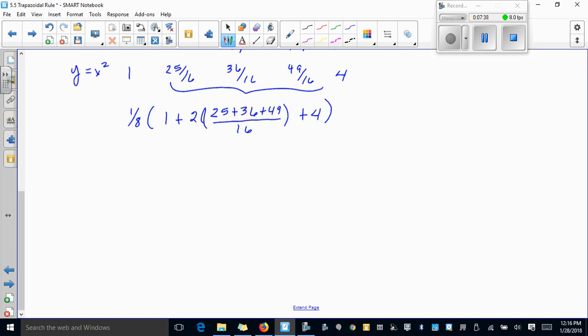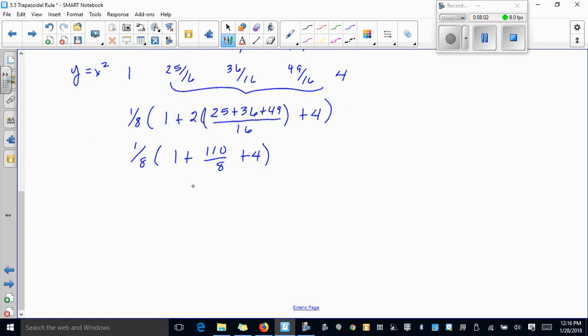If you wanted to throw it into the calculator, you could. I'm going to get 1 plus 110/8. Yes, I reduced here and then just added these up. Plus 4. I need a common denominator of 8, or I could reduce this, but you know, whatever.